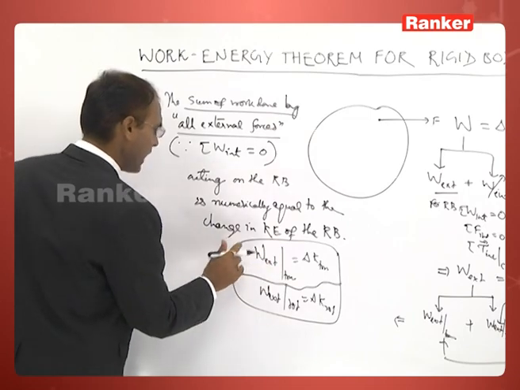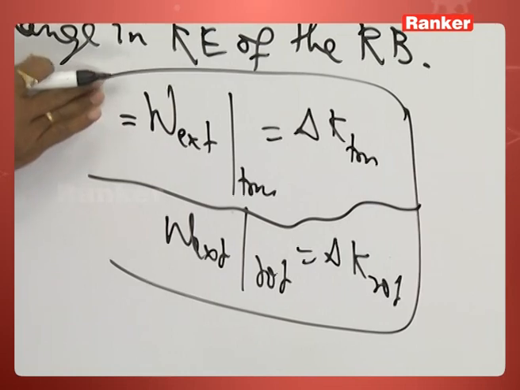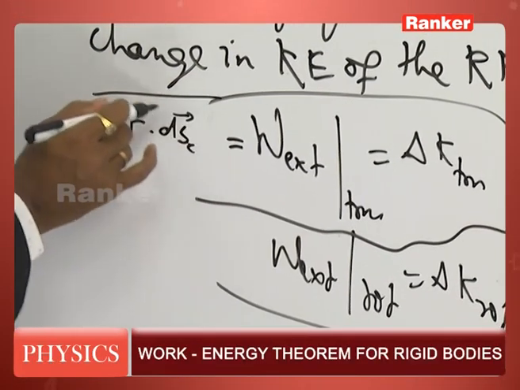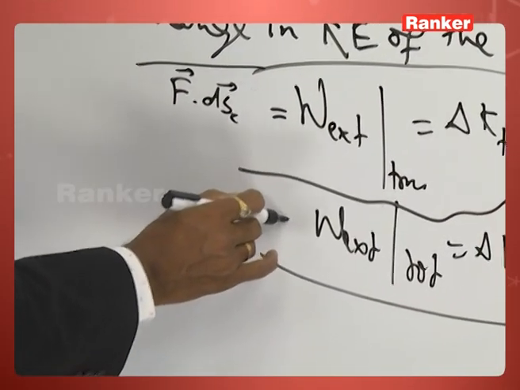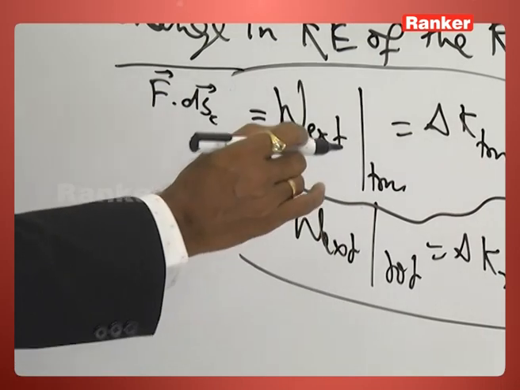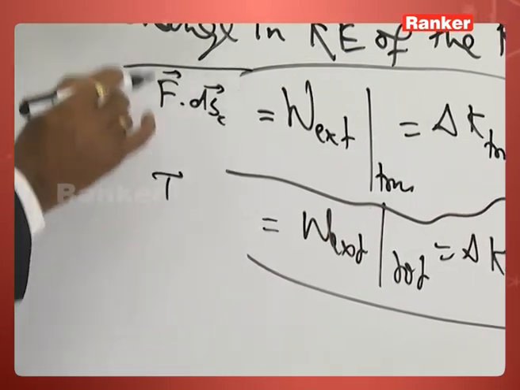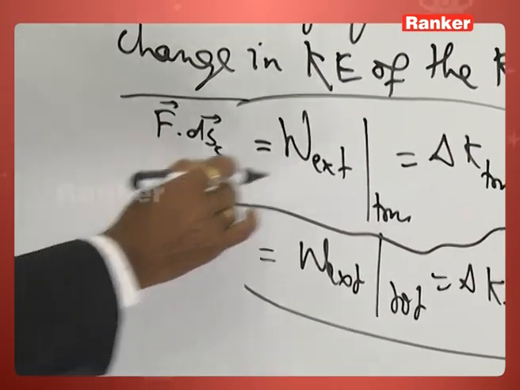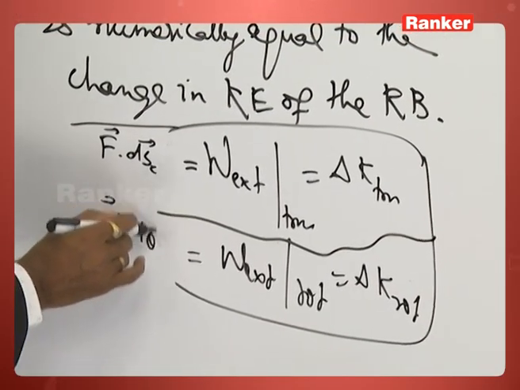In the last class we proved that work done by the external forces in translation is nothing but the integral of F dot ds_c. F is the net force acting on the rigid object. And the rotational work done, the work done by all external forces to rotate the object, can be written as the integral of tau_c dot d theta.